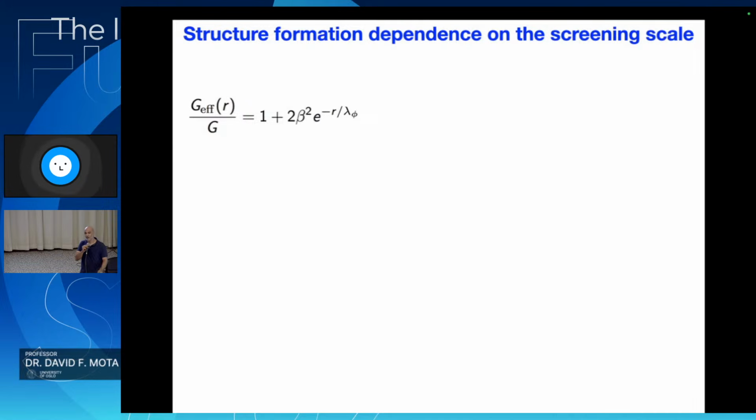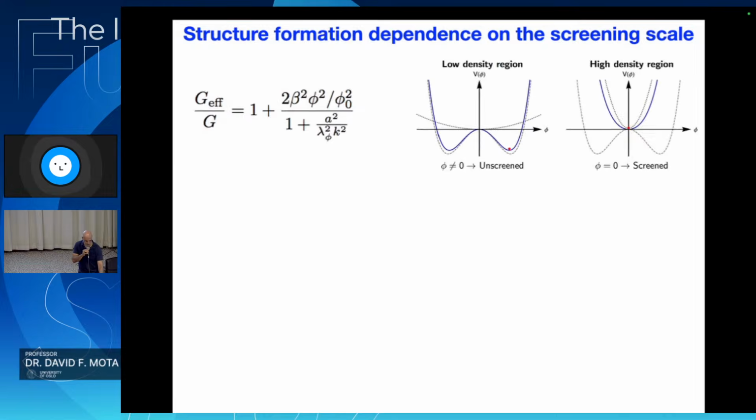Another dependence is when these modifications of gravity appear. Remember, we have the screening scale, that's the scale where the fifth force is hidden. So if I change my screening threshold, I will also affect structure formation in the universe.